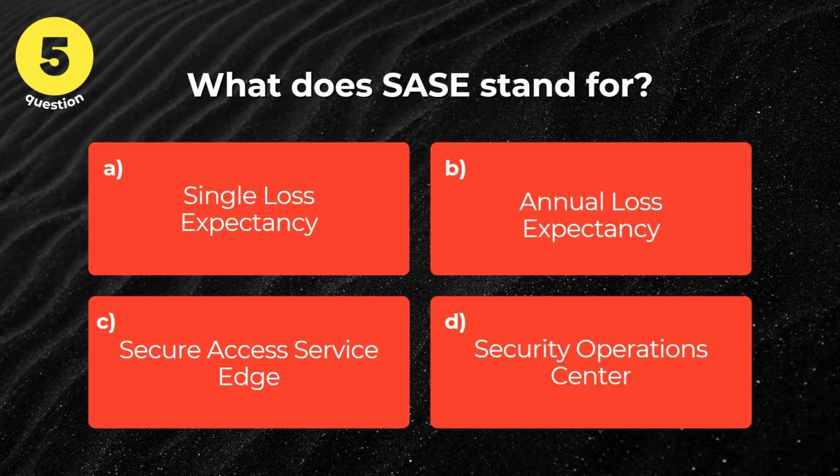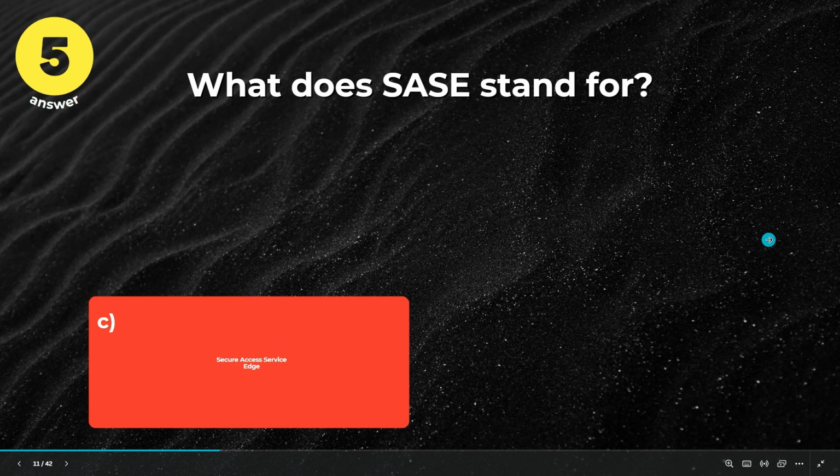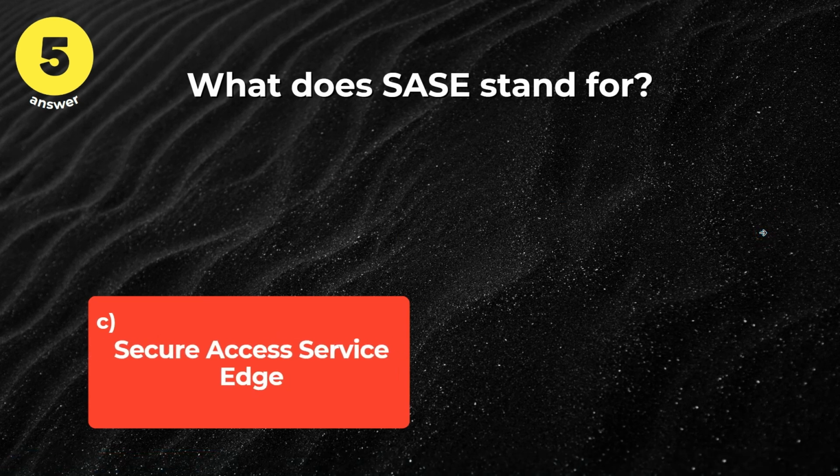And D, security operations center. I mean, if you don't know this one, woof, let's see. Boom. Secure access service edge. So this one is a given, right? You are going to find some questions that are going to be simple in the test. But to be honest, there's not as many like that in the CySA exam, just based on my recent experience.